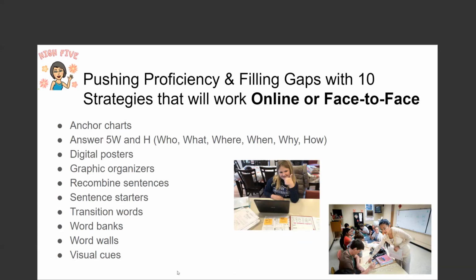It might be that there are posters and other visual supports, whether those are in a physical classroom or available in a virtual classroom, as a resource for students. It could be graphic organizers that you provide that help students fill in language in the various boxes that they can then take and use to form sentences or to form paragraphs. We can help them recombine sentences.